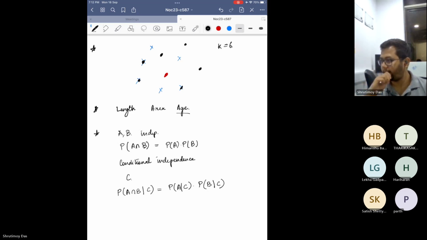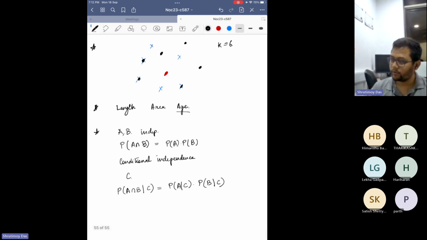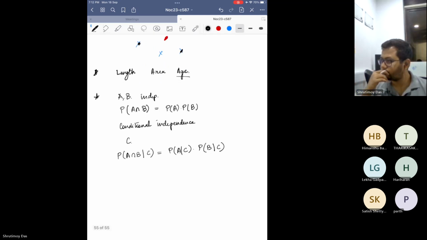So this is in Bayesian belief networks. There is this line at the end that each node is asserted to be conditionally independent of its non-descendants given its immediate parents.